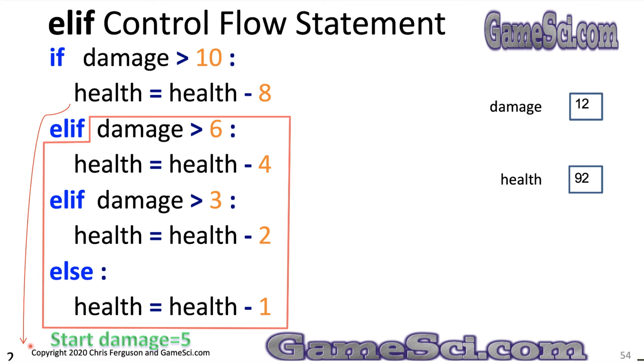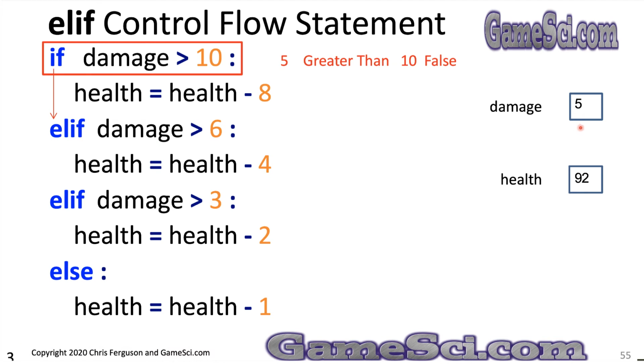We'll go on, continue the code after this else if statement, and we'll restart this whole thing. And this time, let's start with damage equal to 5. So let's take that 5 and put it in the damage variable. With the value 5 in the damage variable, the initial if now evaluates as if 5 is greater than 10, and that is a false statement. 5 greater than 10 is a false statement, and it behaves exactly like you expect an if statement to behave.